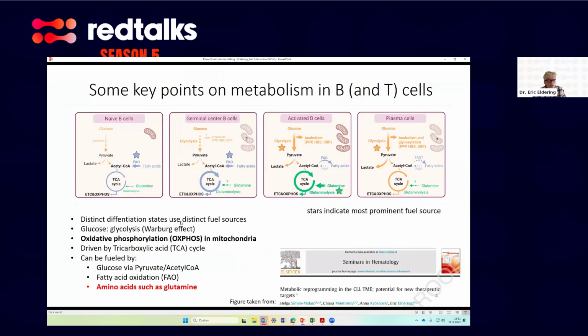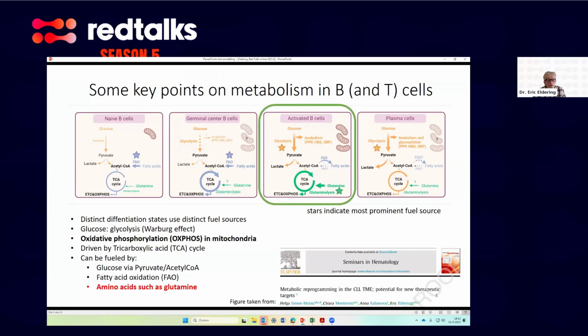Oxidative phosphorylation takes place in the mitochondria in a process called the TCA cycle, the tricarboxylic acid cycle. It is important to realize that this TCA cycle can be fueled by glucose, fatty acids, and amino acids such as glutamine. We will touch upon these later in the talk as well.